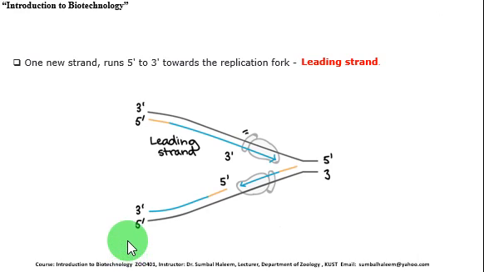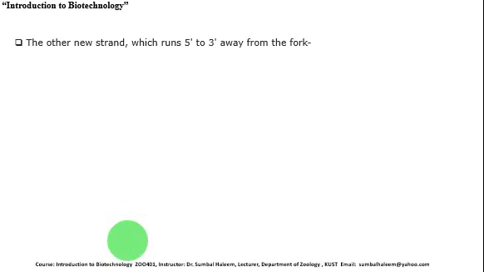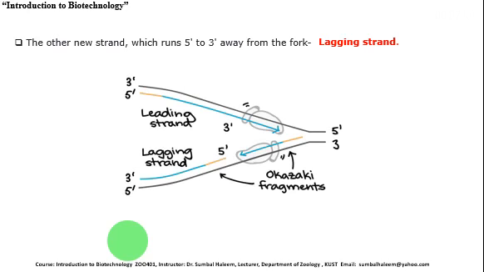The other strand runs in the 5 to 3 direction away from the replication fork, and that is known as the lagging strand. This strand is made in fragments because the fork moves forward while the DNA polymerase is moving away from the fork and must come off and reattach on the newly exposed DNA.